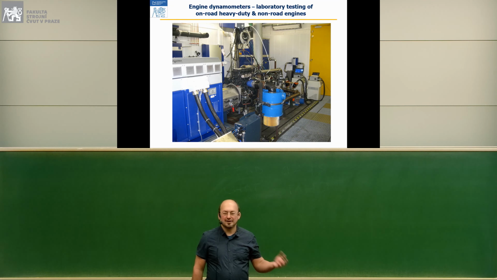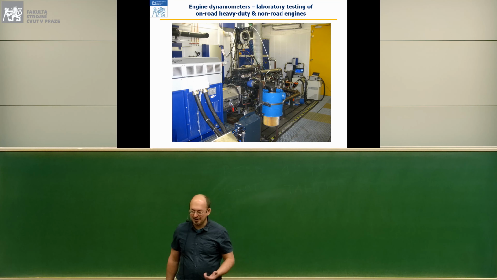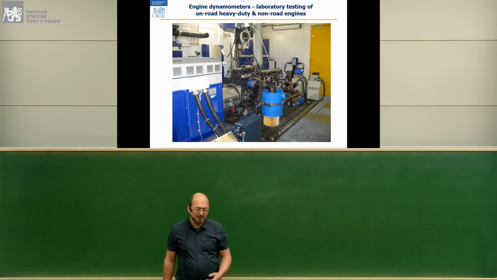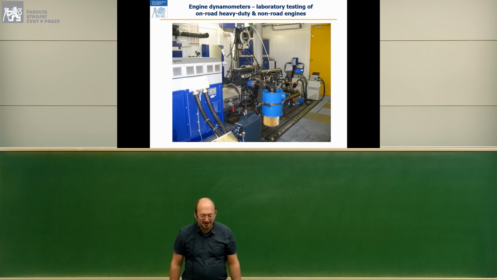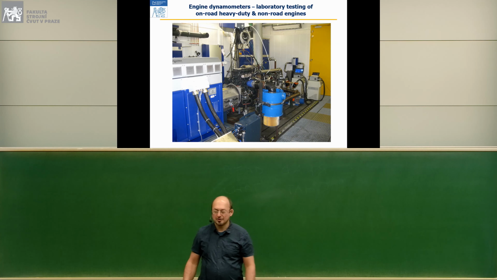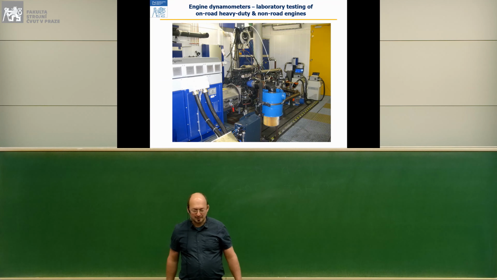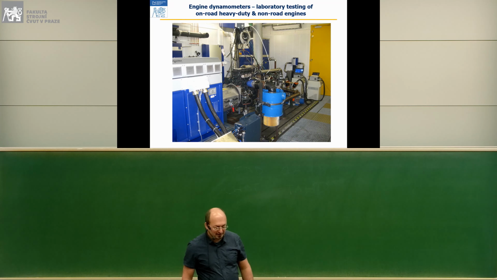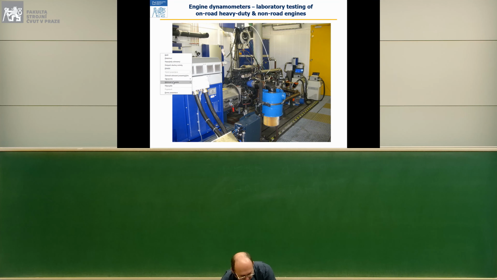For heavier vehicles, you just test the engine, because heavy vehicles are not manufactured in large series. There is a big variety among vehicles, but there are not as many different types of engines. So only the engine is subjected to a test, and you see it here on the photo of the lab.